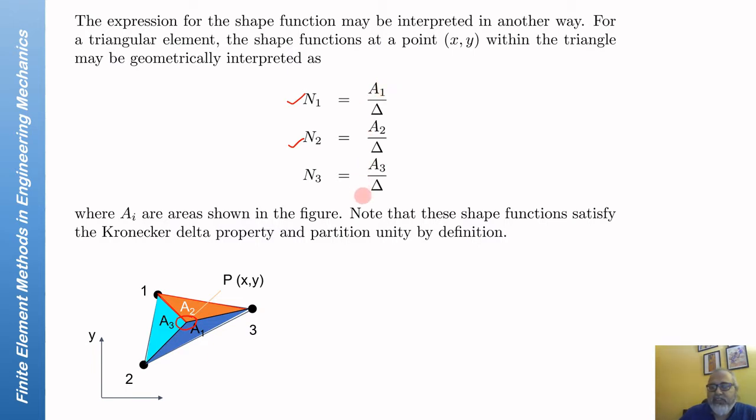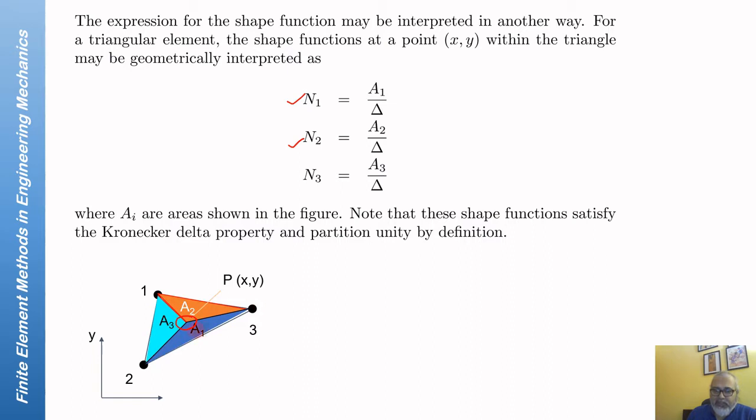It is easy to now see that these will naturally satisfy the Kronecker delta property. What is the Kronecker delta property? Say the shape function 1 should be 1 at node 1, and 0 at the other 2 points. So when this point P lies on node 2, obviously A1 becomes 0.